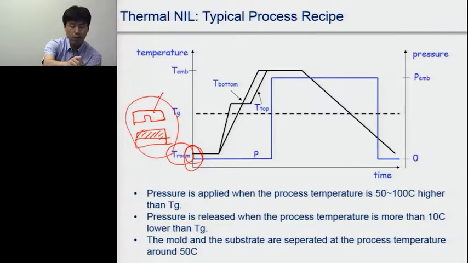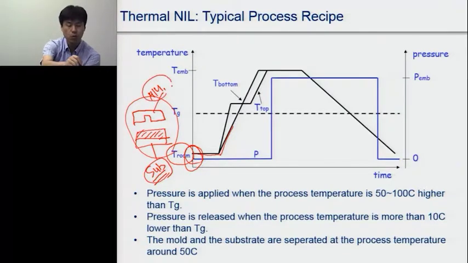Depending on the system, it could have two heaters, or it could have one heater. In this case, the system needs two heaters, one on the master mold side and one on the substrate side. So we heat up the substrate side heater and the master mold side heater.